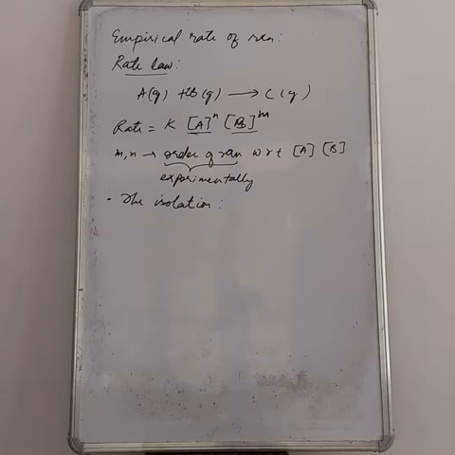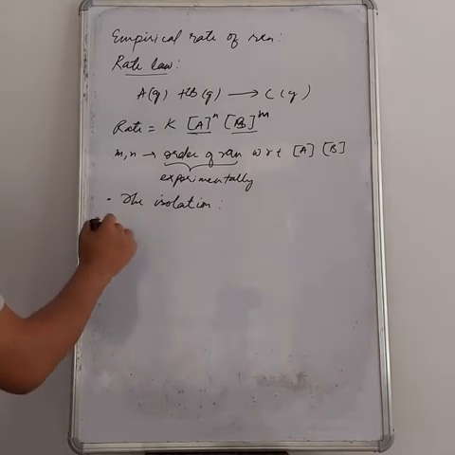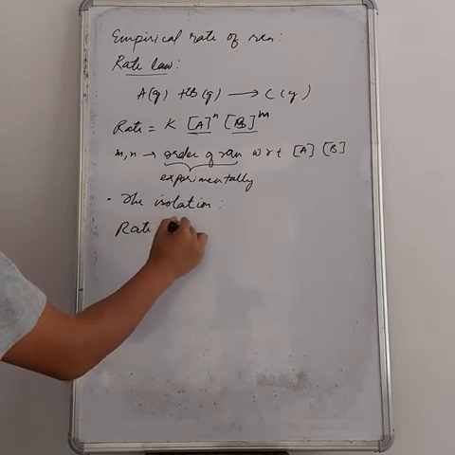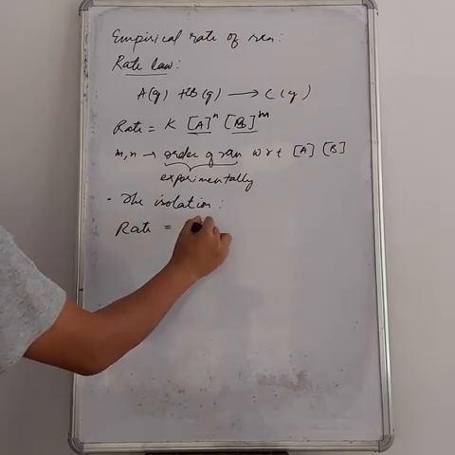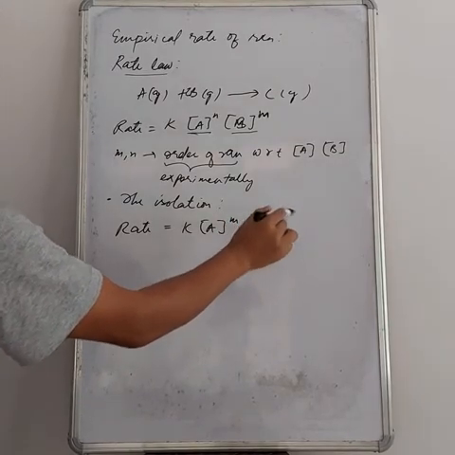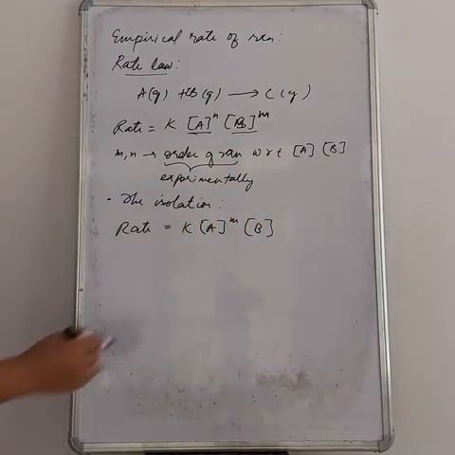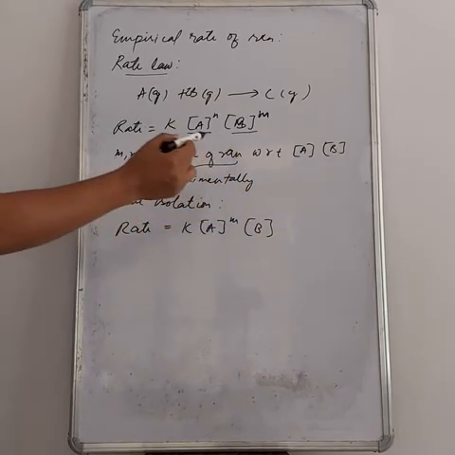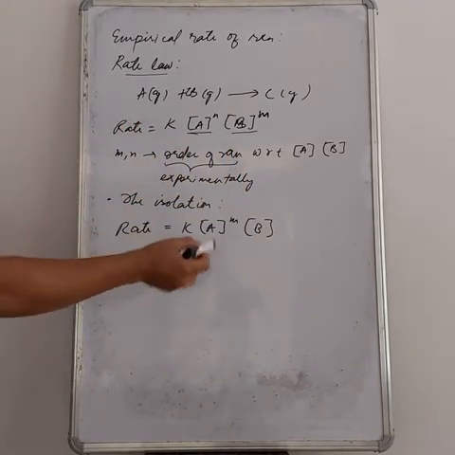So suppose we want to determine the rate law for A to the power m and B to the power n. We keep B constant, and varying A, we determine the order.